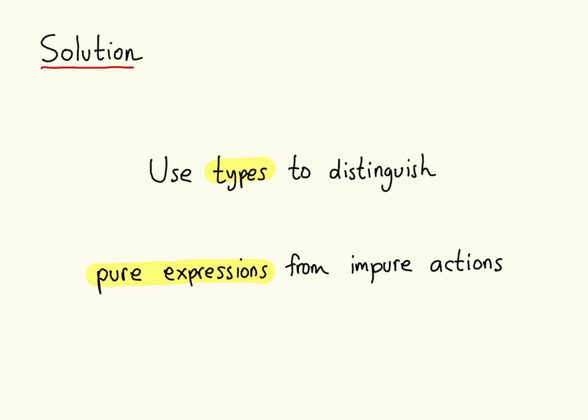So we're also going to need to deal with what in Haskell is called impure actions. And these are things which can have side effects. So the idea is that we're going to leverage the fact that Haskell has a very nice type system to keep a clean separation between the pure expressions and the impure actions which may have side effects.